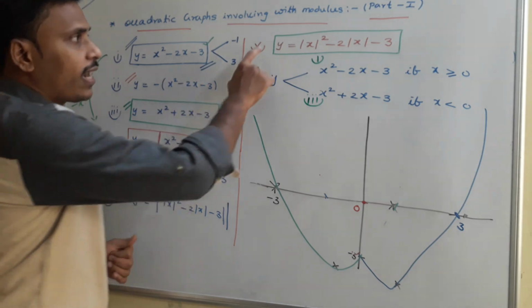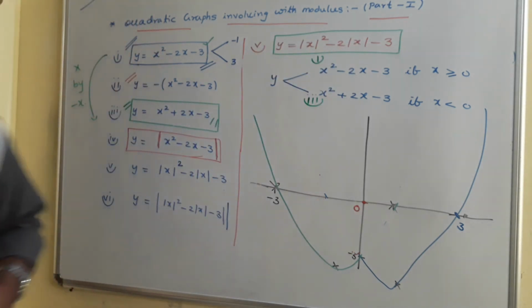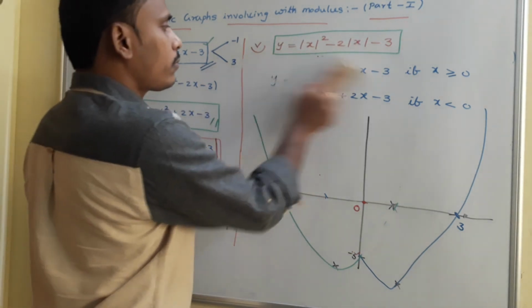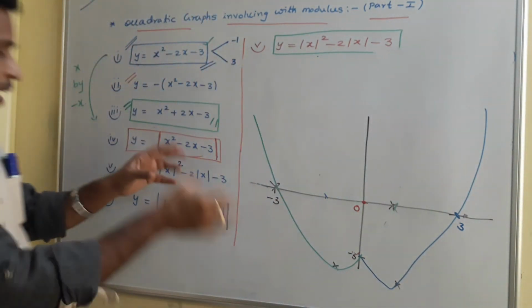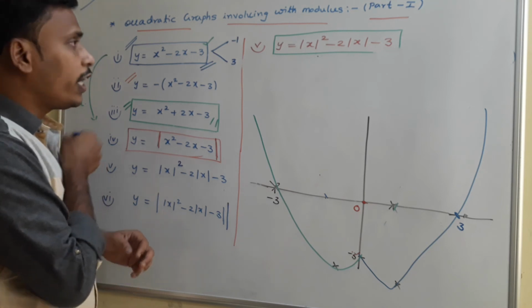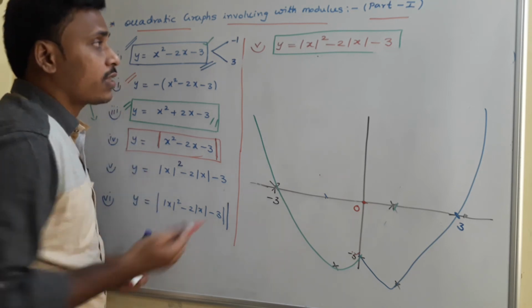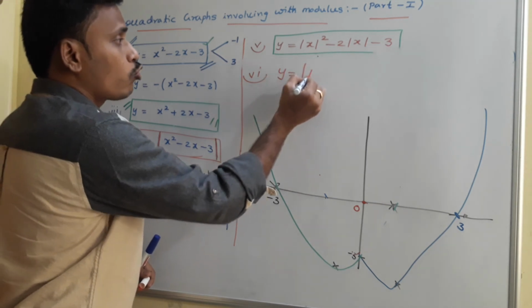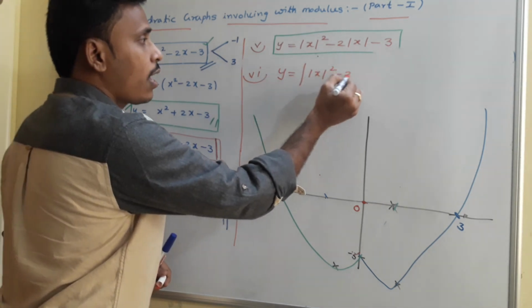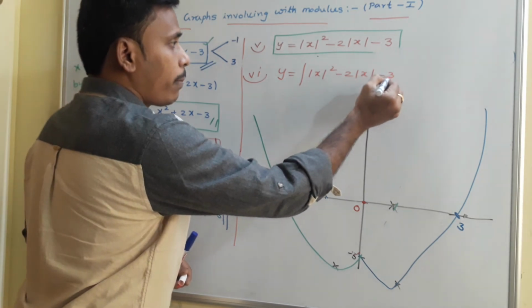Look at the graph of the fifth one. This is the graph of the fifth one. I will erase it. So finally this is the fifth expression and its graph is this. Now we need to sketch the graph of the sixth expression, which is simply y equals modulus of mod x square minus 2 mod x minus 3.